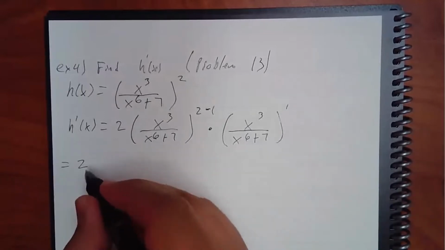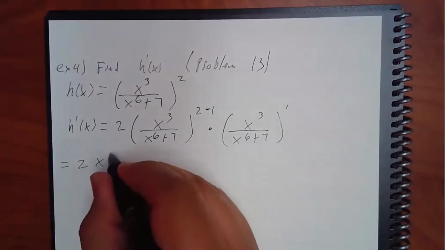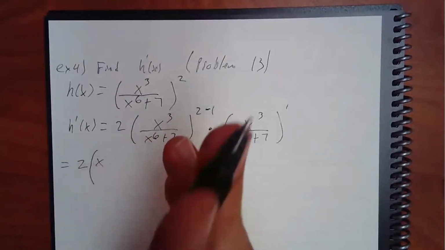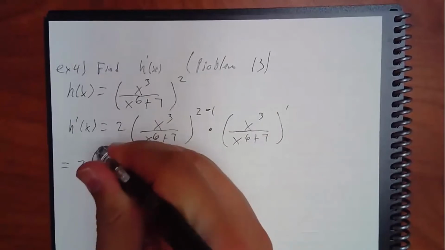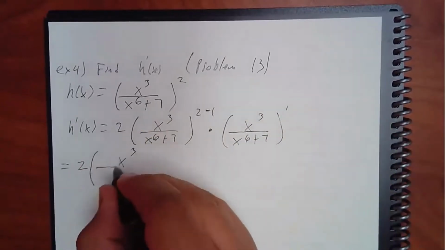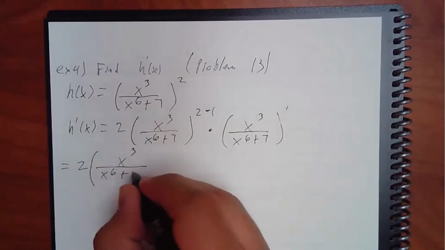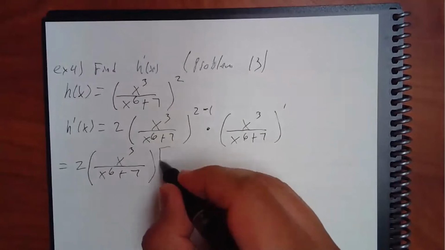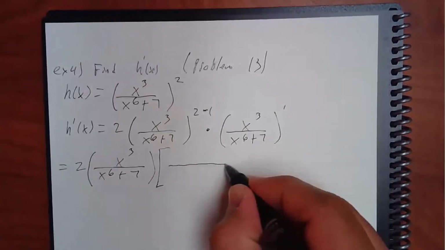So this would be 2 times x cubed right here, over x to the 6 plus 7. It becomes a single power. I'm going to put brackets because this is going to be a quotient.